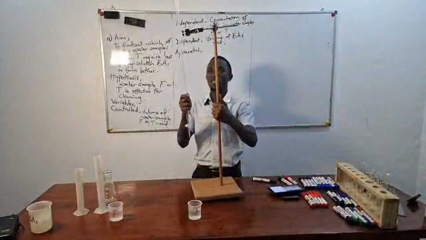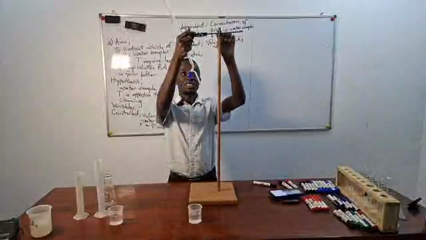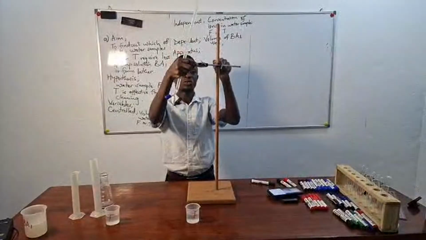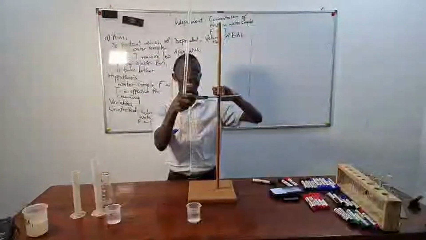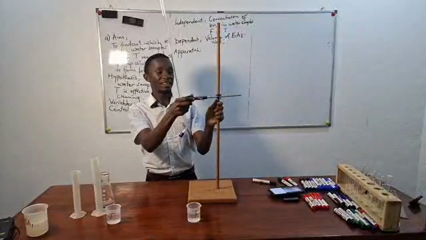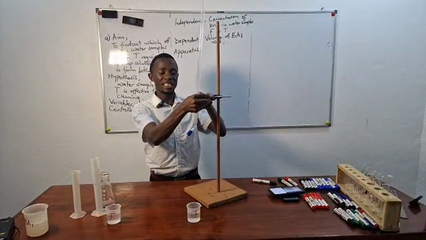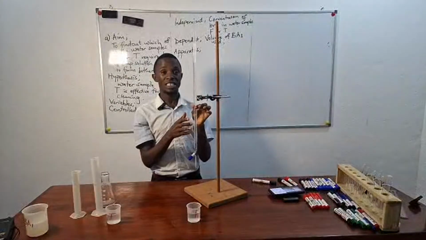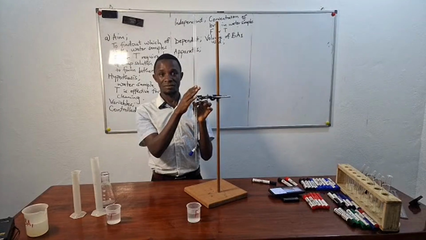A burette well suspended on a retort stand. Members, if you are as tall as me, you should always make sure you adjust the retort stand to your height. This is my height. Make sure that every part that has to be adjusted is firm. So this is the first procedure, is suspending a burette on a retort stand.